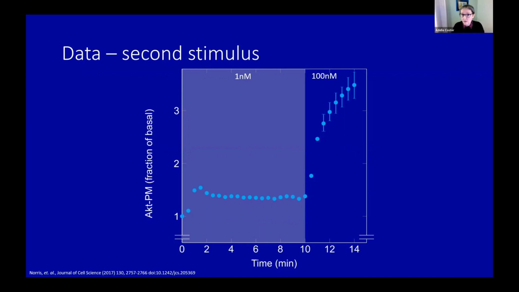Is it possible that simply ramping up that release rate more and more and more might indeed show us that response when we have a much, much higher level of insulin? Now that we're in the 1 nanomolar state, can ramping up K2 more give us the response we're seeing at 100 nanomolar?